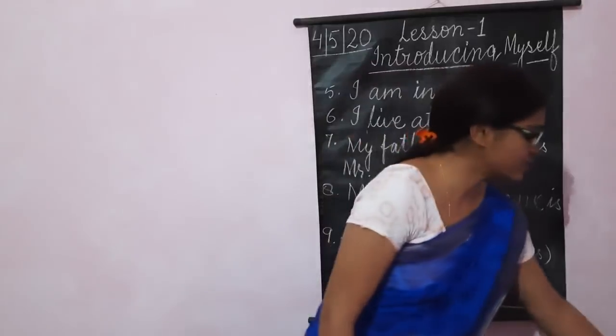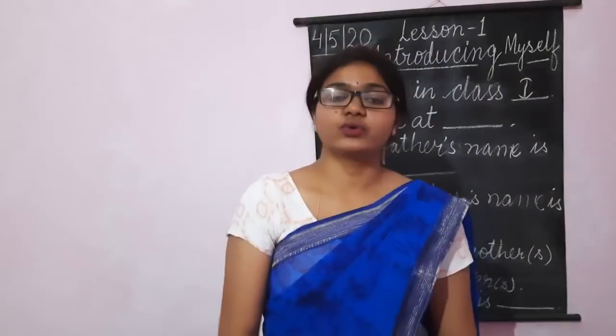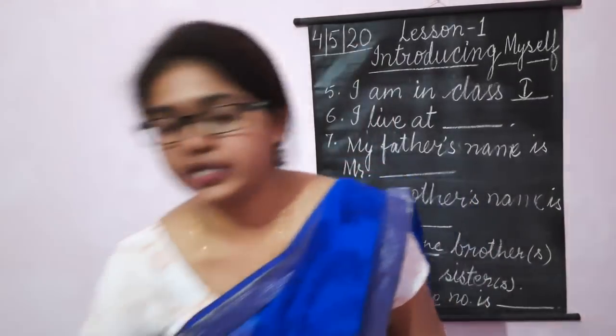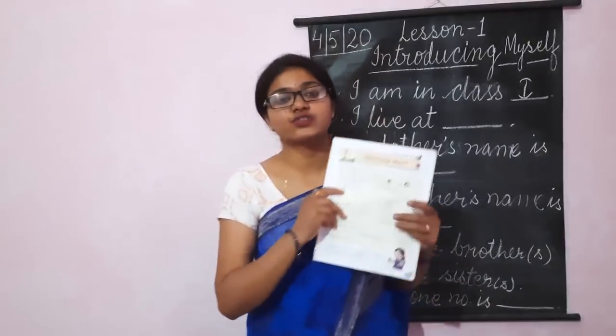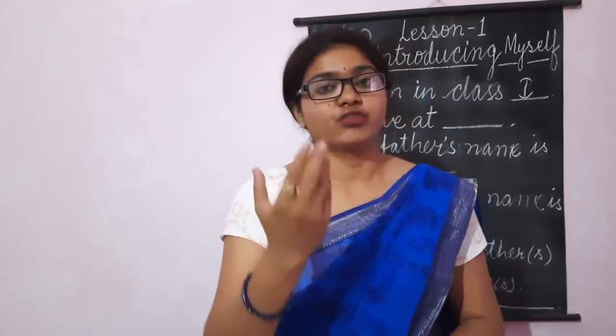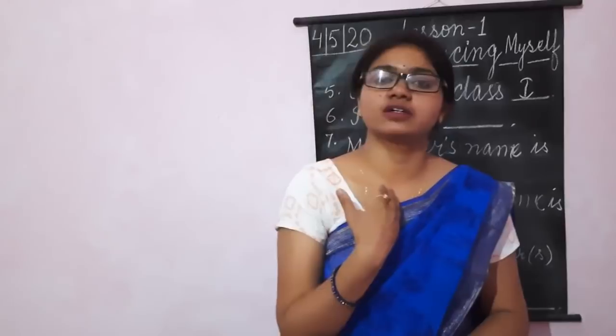So students, today we understand how you will give your introduction to anyone. In the introduction, first you will say I'm a boy or girl. If you are a boy, you will say I'm a boy. If you are a girl, you will say I'm a girl.